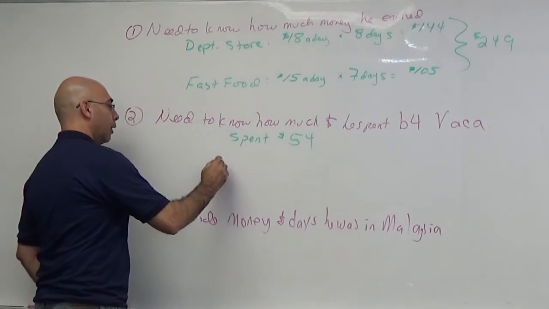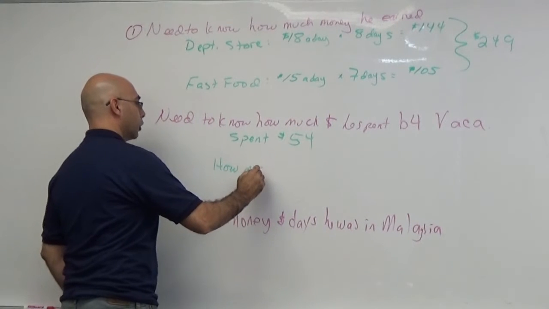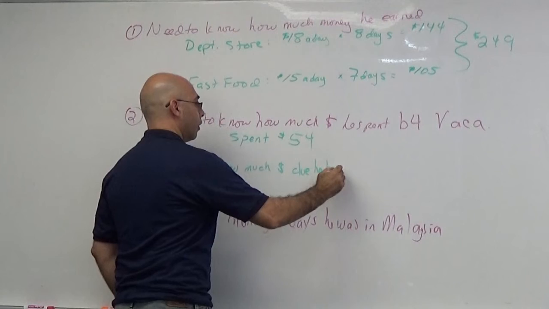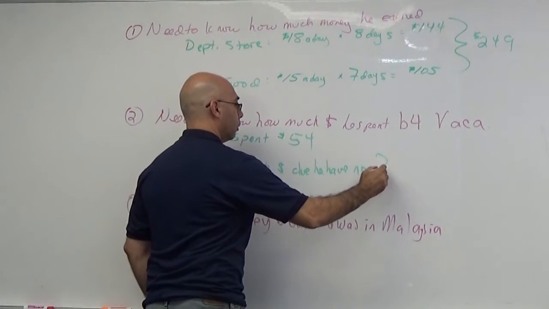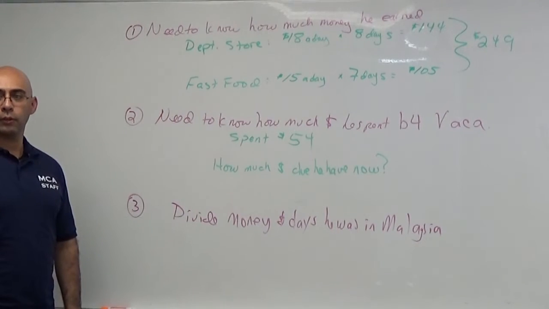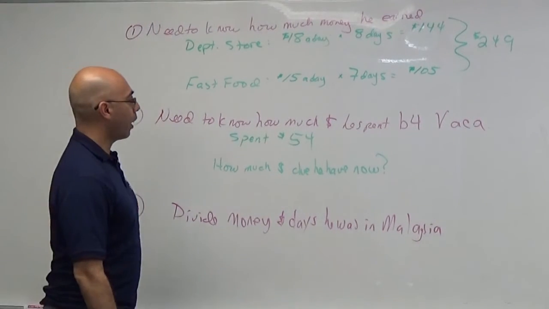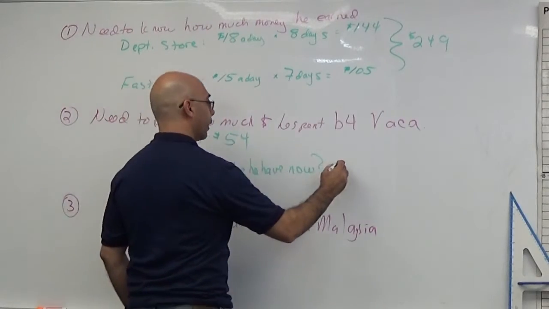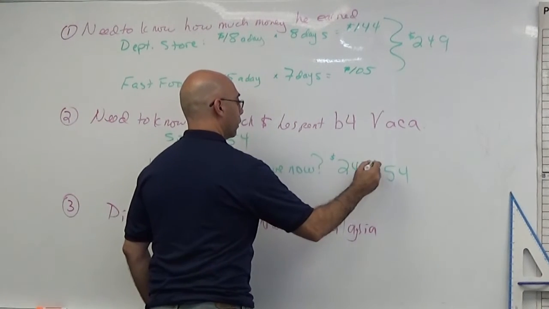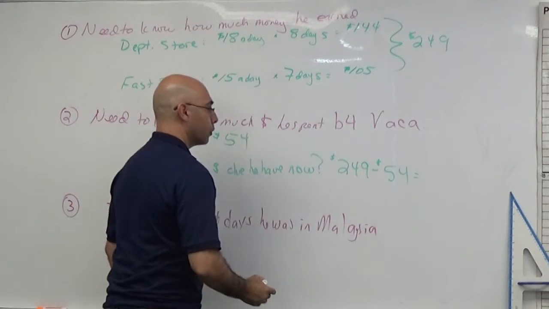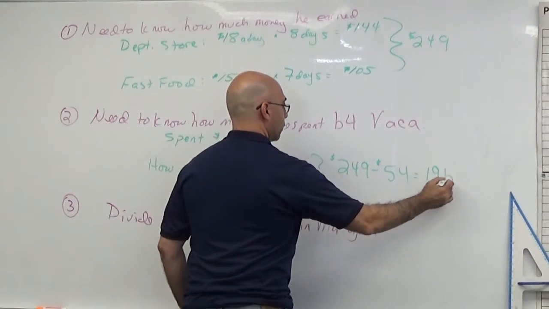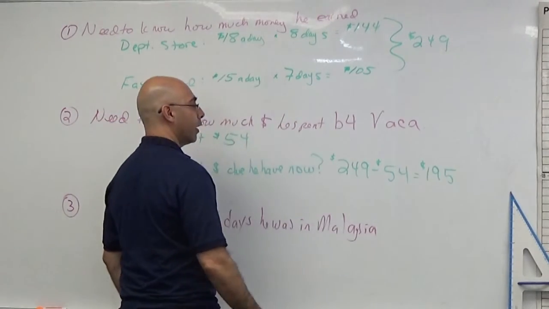We subtract: 249 minus 54. What's 24 minus 5? 19. So 195. Now he has $195 left.